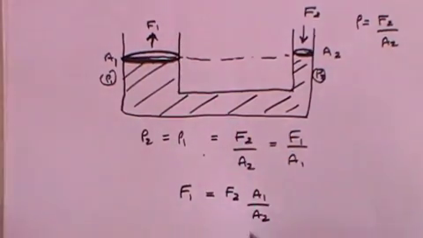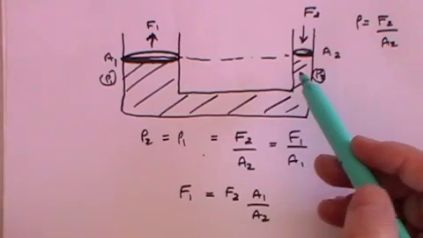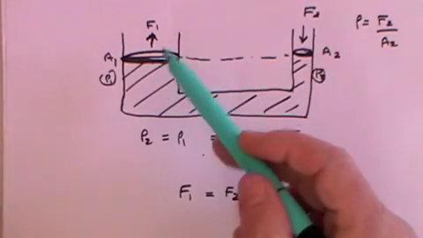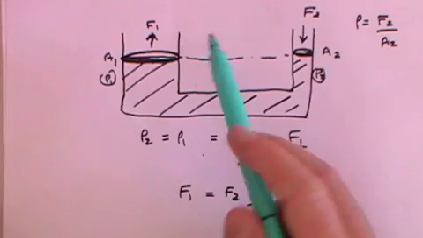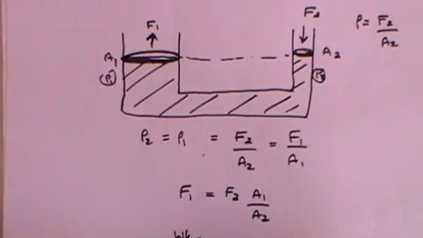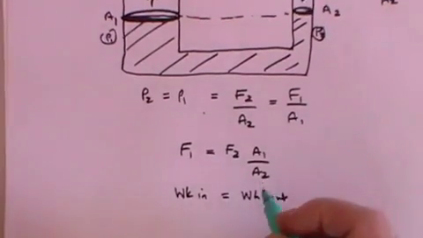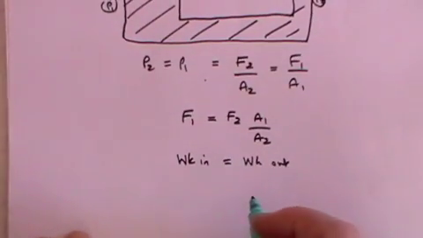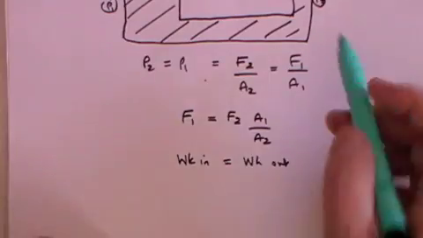The issue is that the work that you do in is equal to the work that is done out. Work in equals work out. And the work in is, of course, always force times distance.